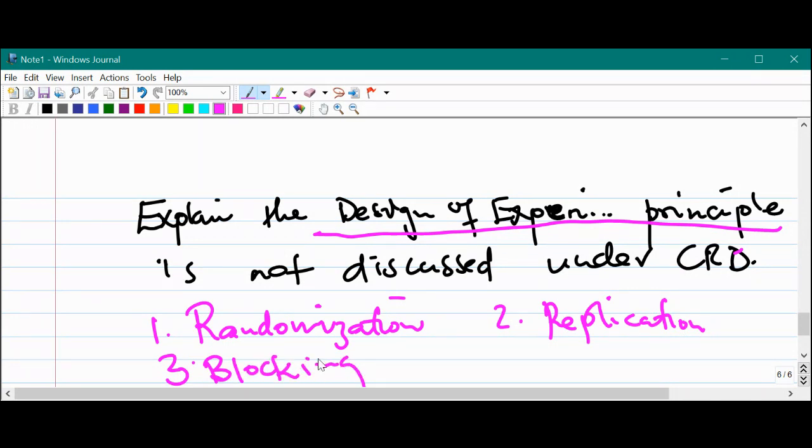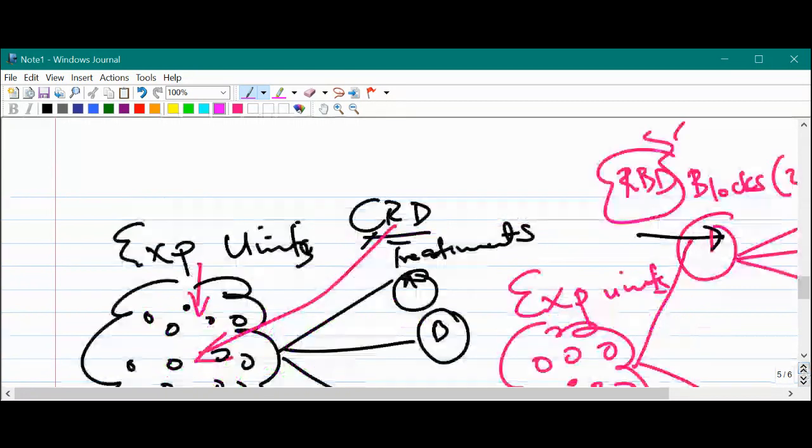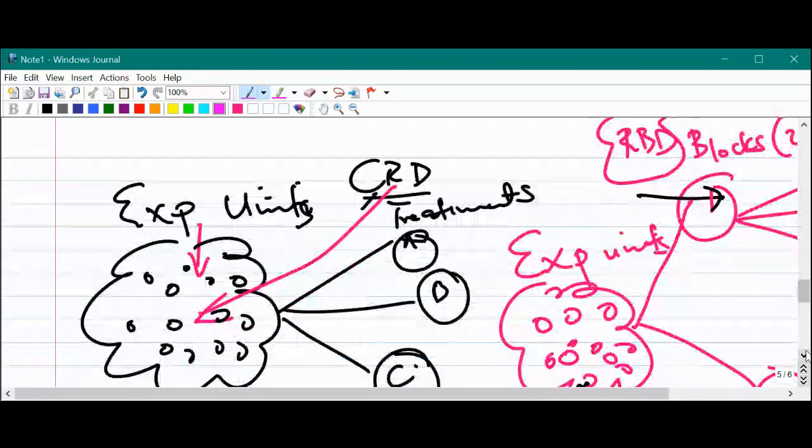So let's check my question. My question was: explain the design of experiment principle that is not discussed under CRD. Which principles from the 3 were applied under CRD? The answer is randomization and replication.